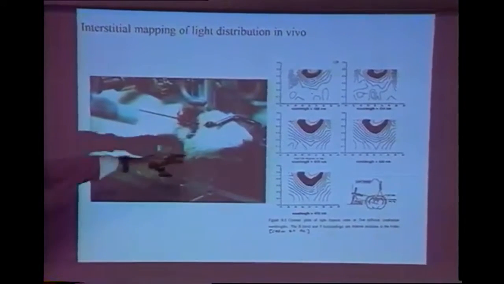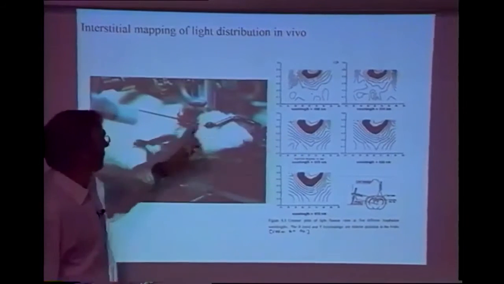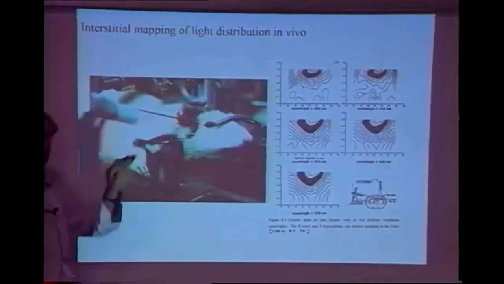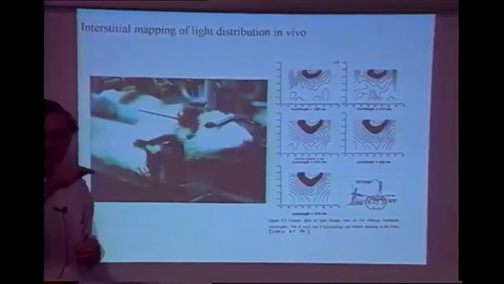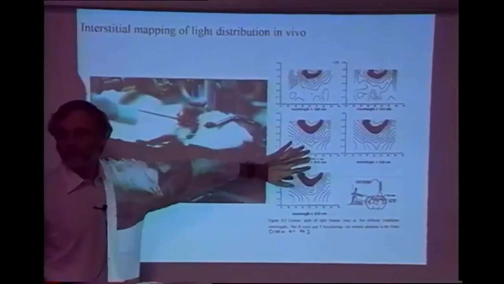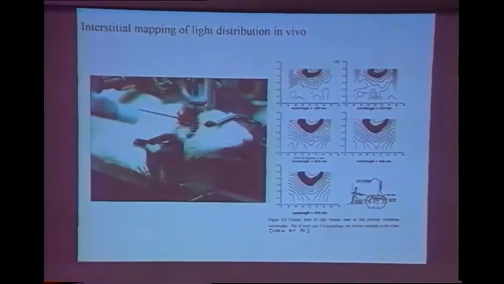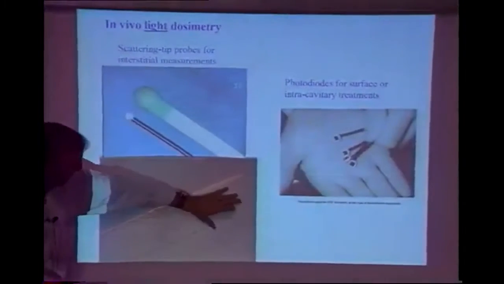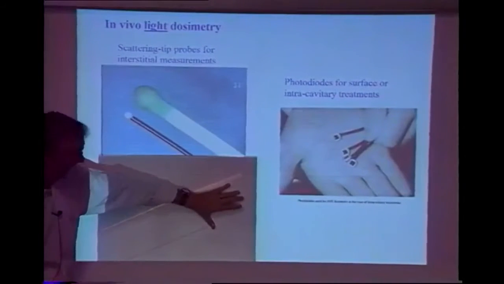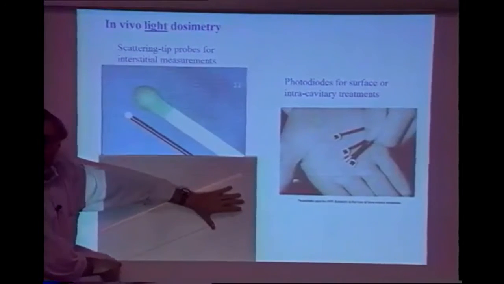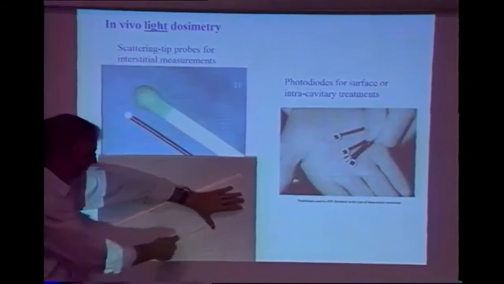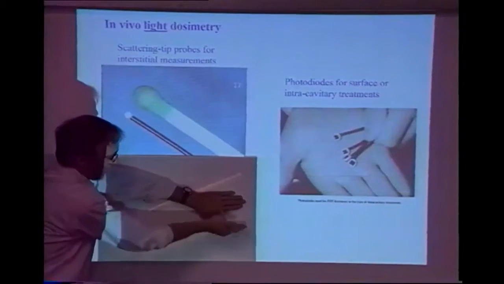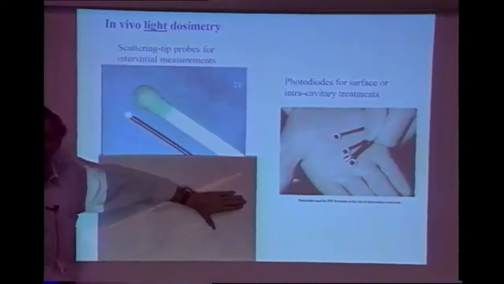In order to do this, you have to make this tip. If you do this with just an optical fiber and put it in, you get the wrong answer. The reason is that if you take this ball off and put a detector here, you'll only measure the light if it's within the acceptance angle of the fiber.